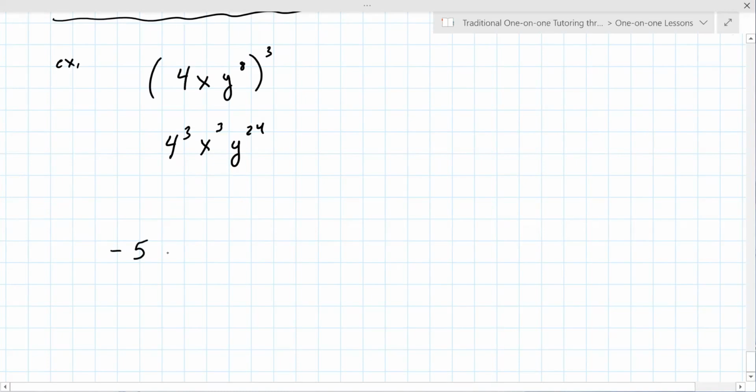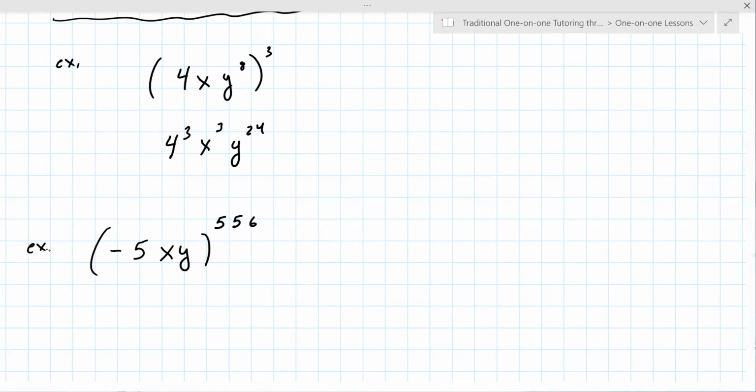Negative 5xy to the power of 556. Okay, let me know when you're done.